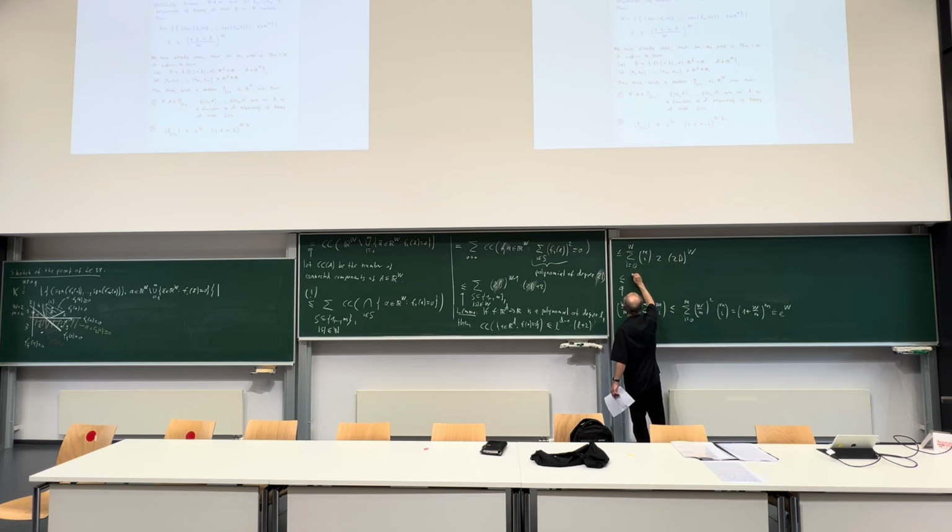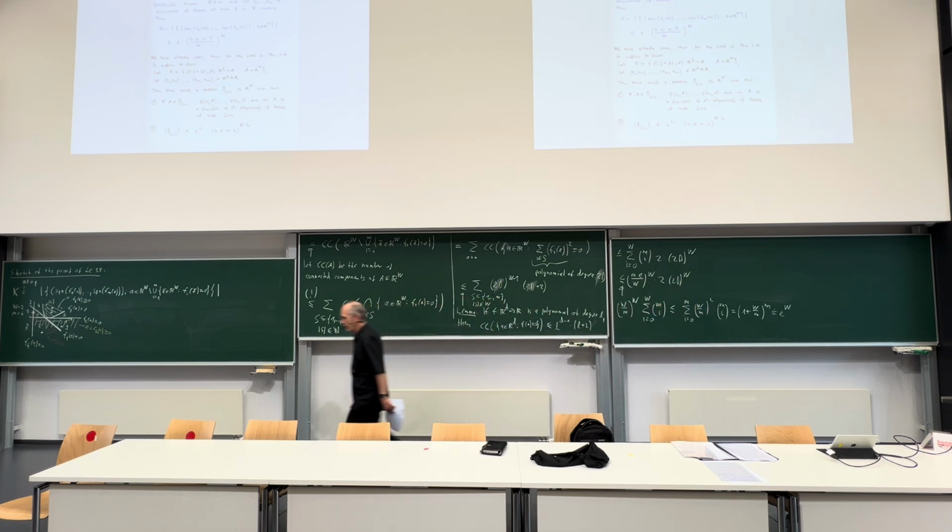So we have m times e divided by W with exponent W, times 2 times 2ed with exponent W. And if you look at this one, this should be all correct.